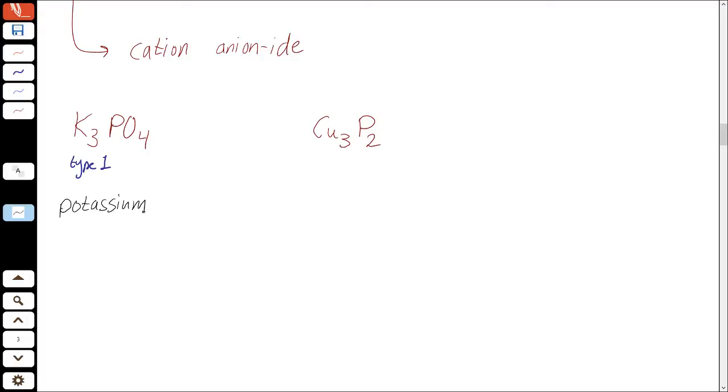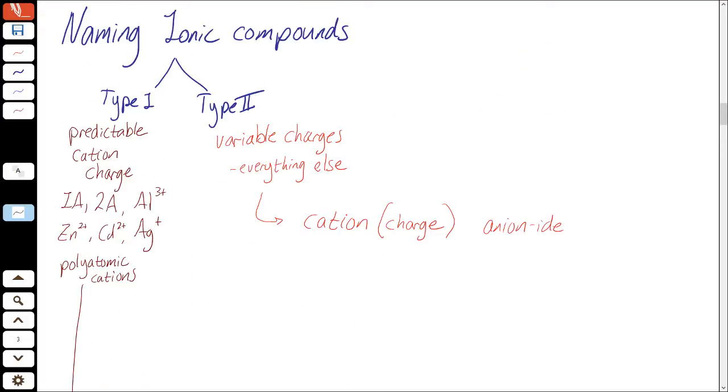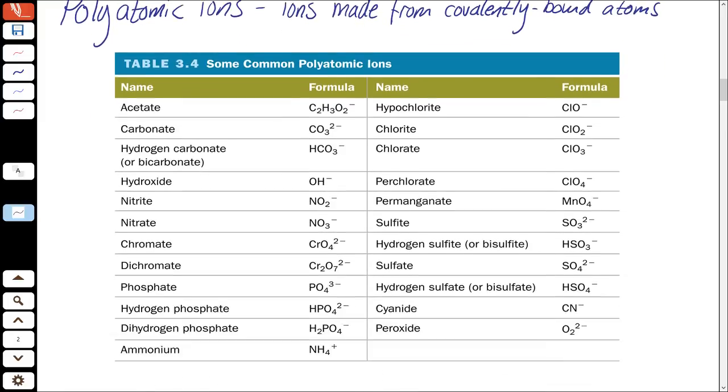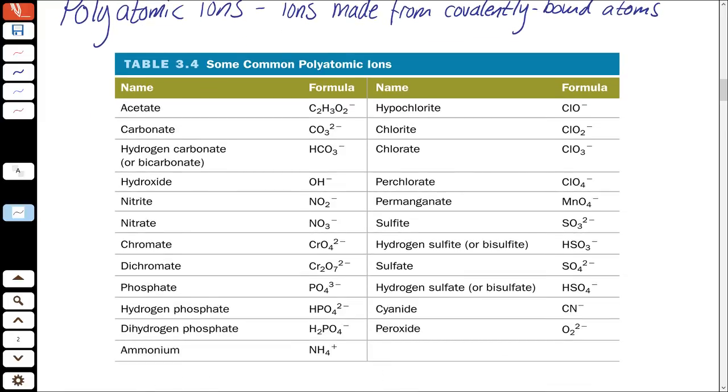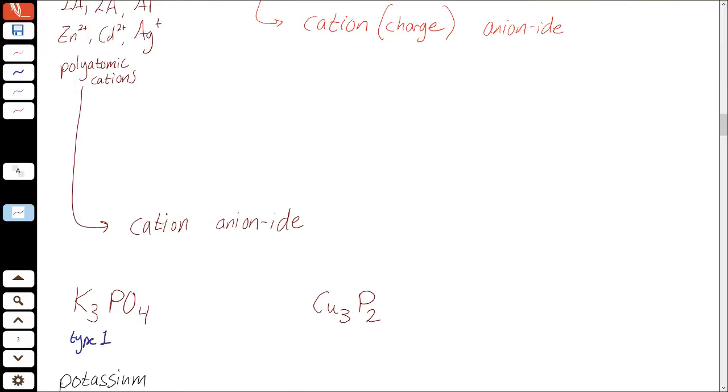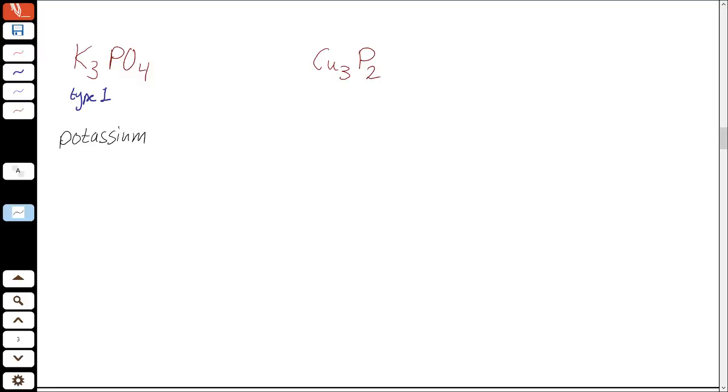Close though. Anybody else? Phosphate. It's phosphate. So this is a polyatomic anion. So this is one that you need to know from the list, right? It would be right here, phosphate. And that's it. That's the whole name.